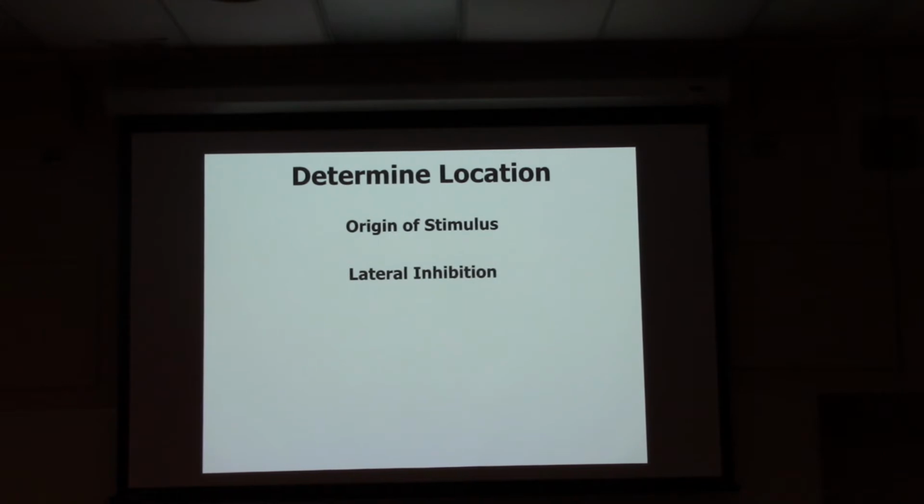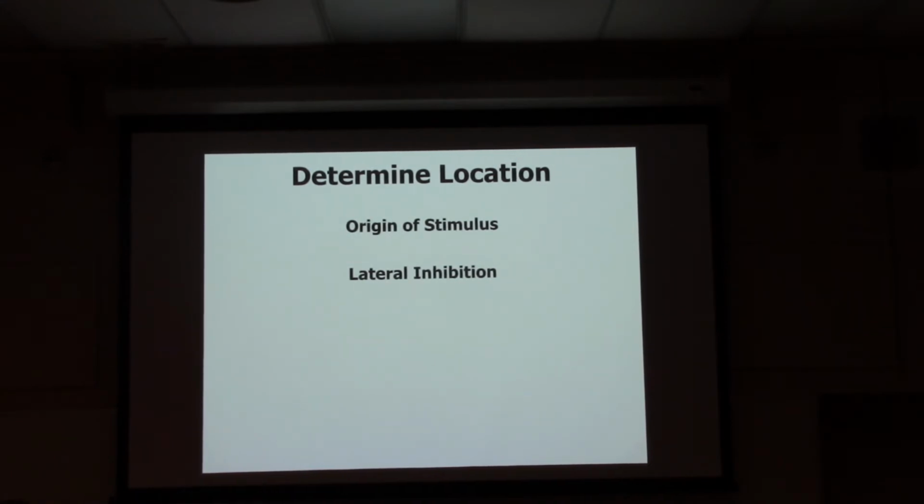Your skin sort of bends down, and so all those receptors around there also get stimulated. The ones in the middle get stimulated the most, the ones outside of that a little bit less, and so on. But it gives you kind of a blurry idea of where exactly that stimulus is, because all those other receptors around it are also responding.